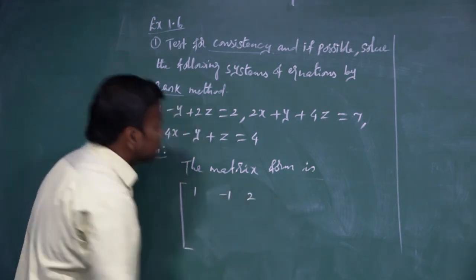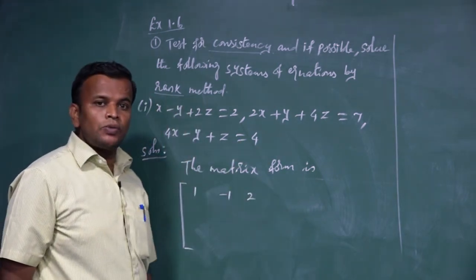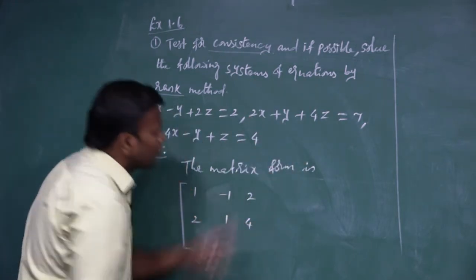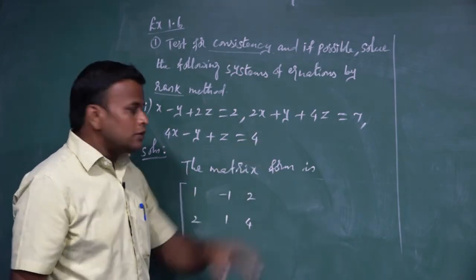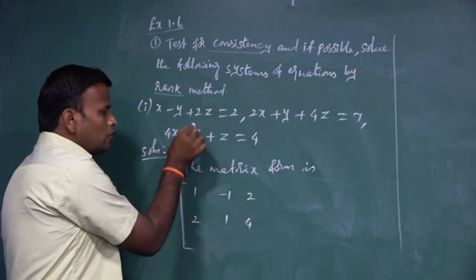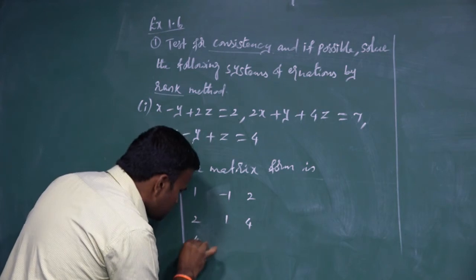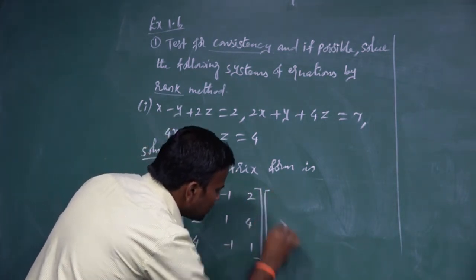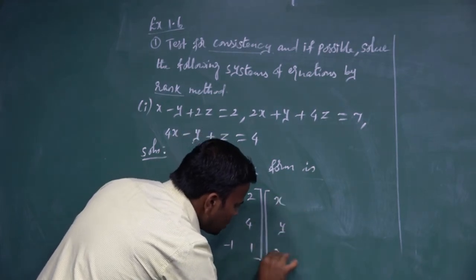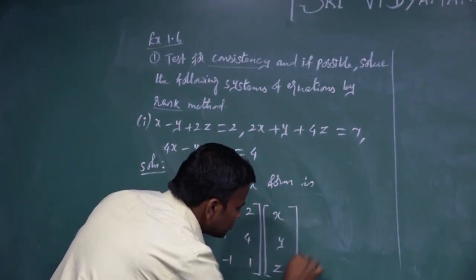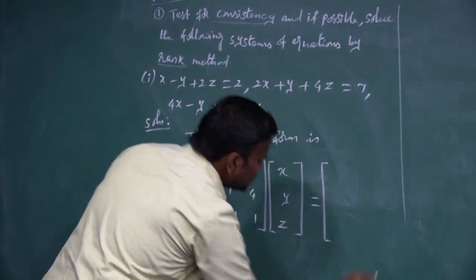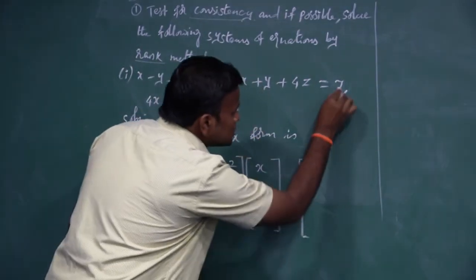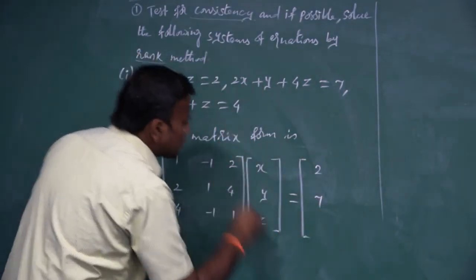Second equation coefficients of x, y, z: 2, 1, 4. Third equation coefficients of x, y, z: 4, minus 1, 1. Next, x, y, z is equal to the RHS values. The RHS are the first equation 2, second equation is 7, third equation is 4.